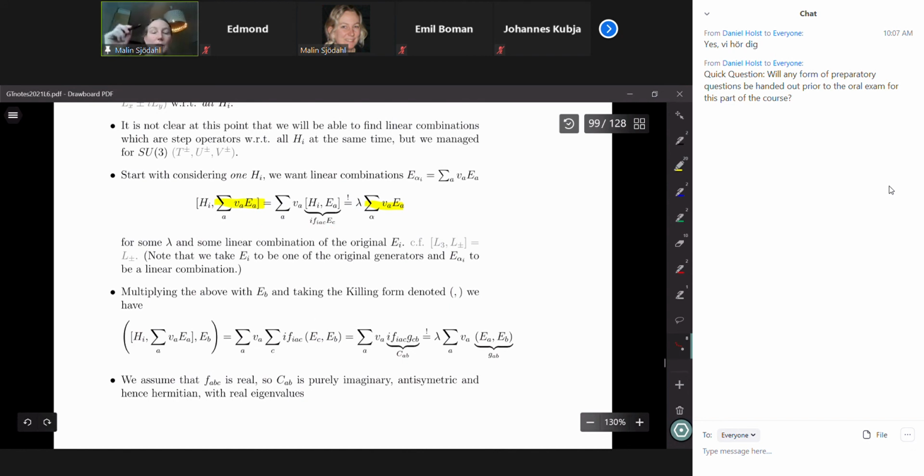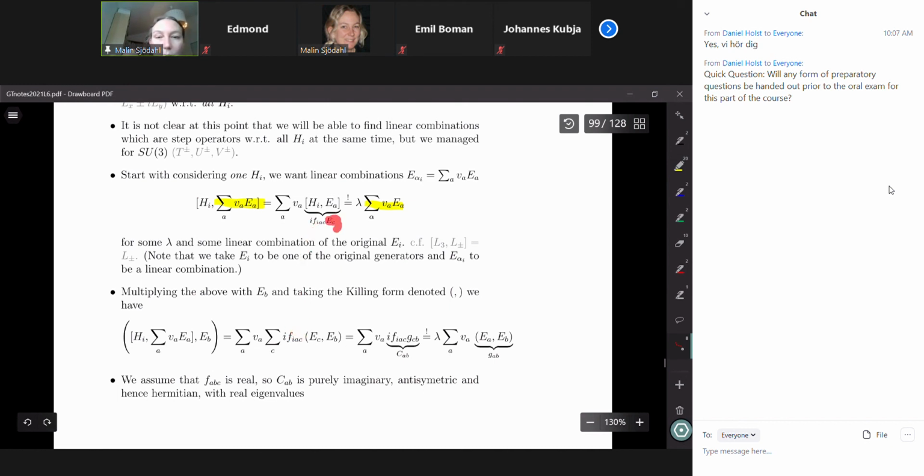I have used that the commutator between HI and EA was, in the physicist convention, i f_IAC EC. So this is just inserted here.